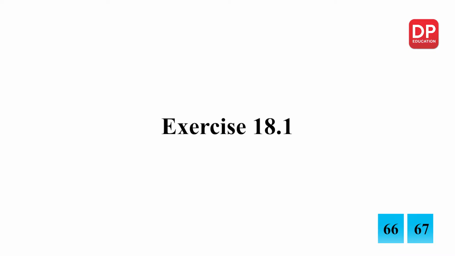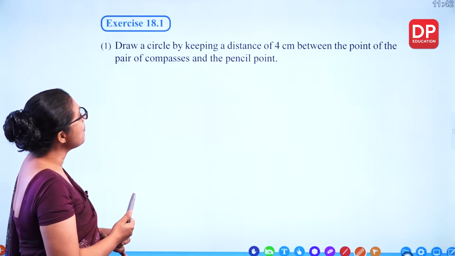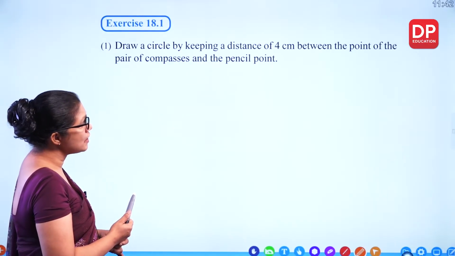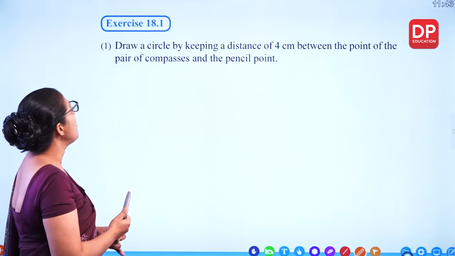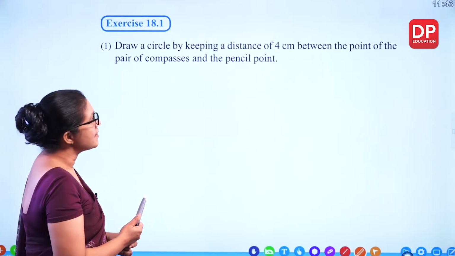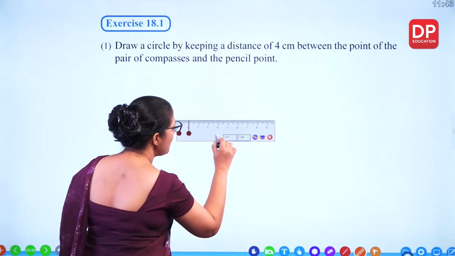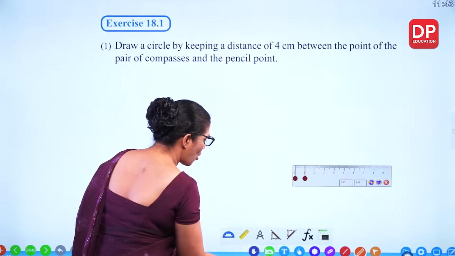Now we'll do the exercises in your textbook. Exercise 18.1. Draw a circle by keeping a distance of 4 cm between the point of the pair of compasses and the pencil point. That means radius is 4. So you take the ruler and the compass.